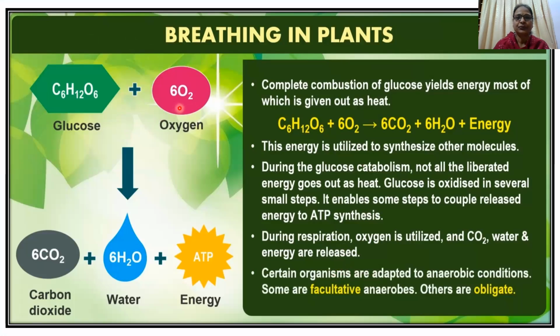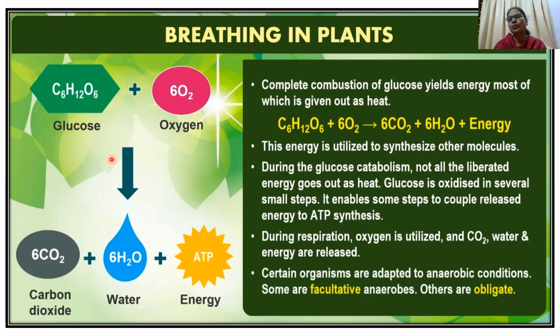Oxygen is required. That oxygen is taken up by the plant from the atmosphere. Glucose is oxidized into CO2 and H2O with the release of energy. Out of the energy released, some is given out as heat, while the remaining energy is used in the synthesis of ATP.